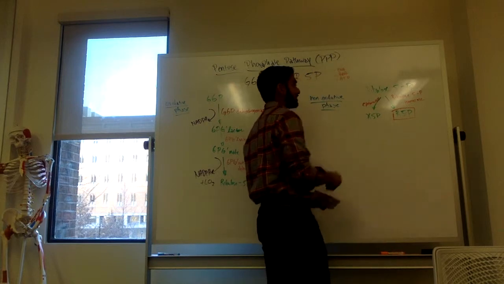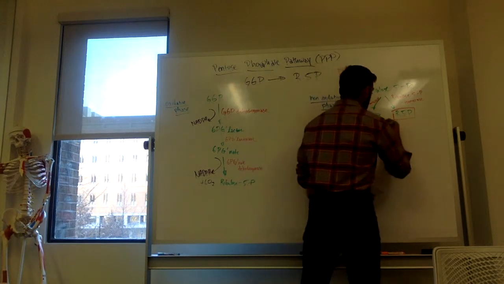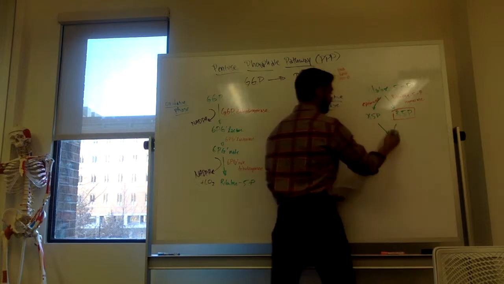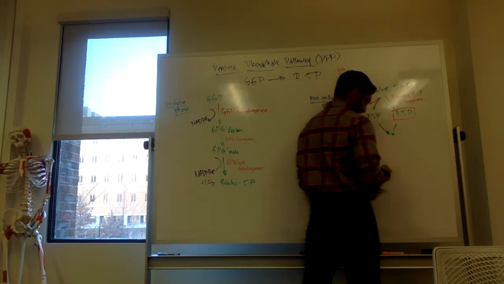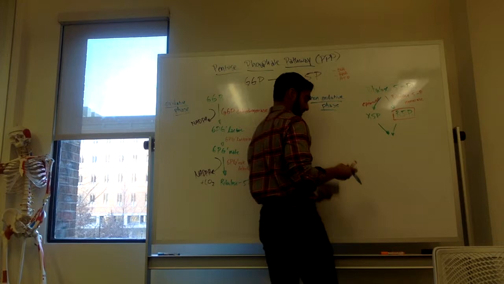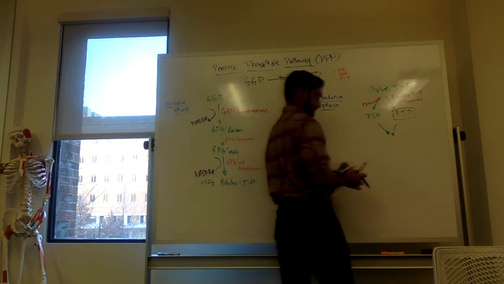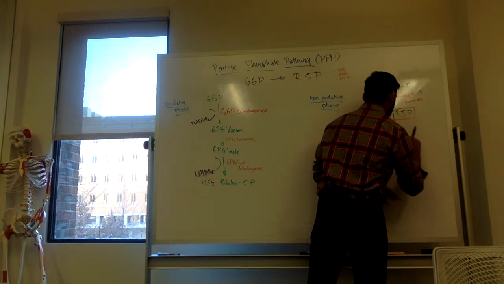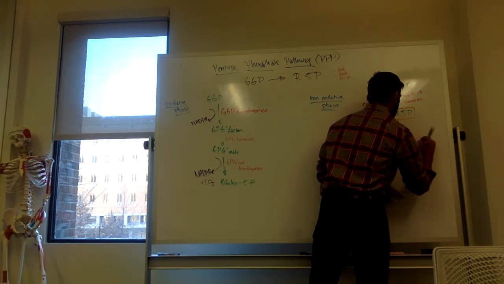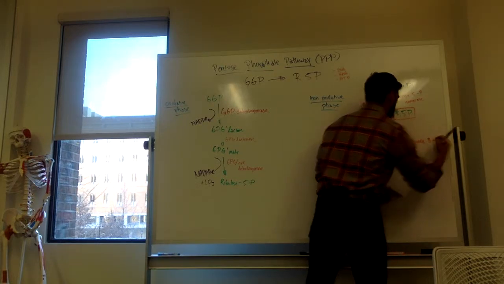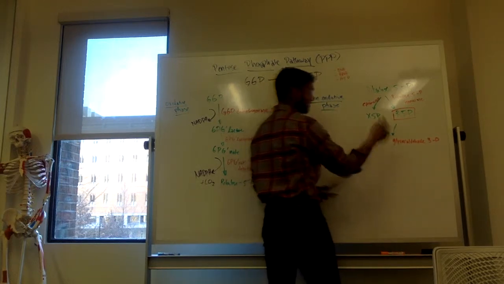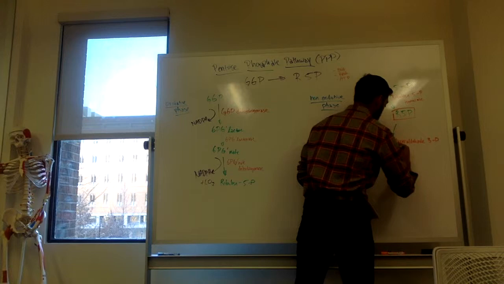So we can take xylulose 5-phosphate and ribose 5-phosphate. We can convert them back into, the first thing we can get is glyceraldehyde 3-phosphate. There's going to be something else that gets produced here, and that's not particularly important for you to know.